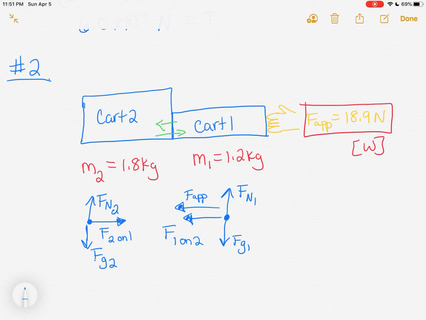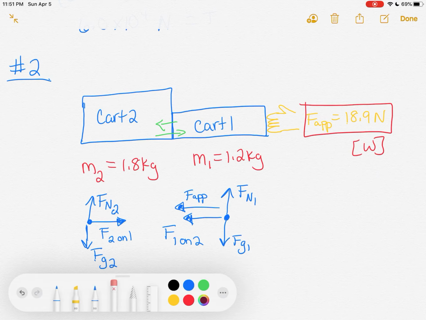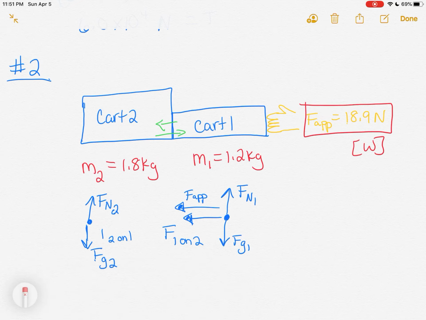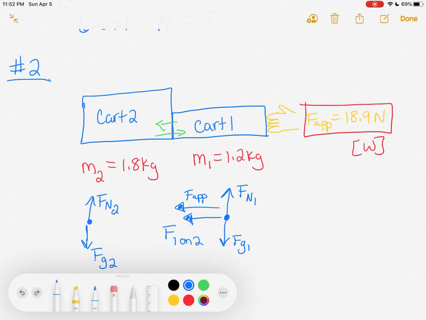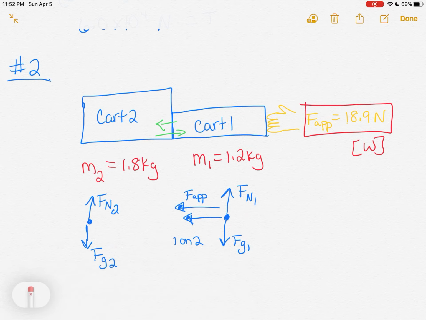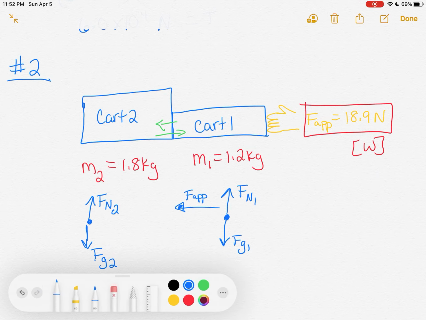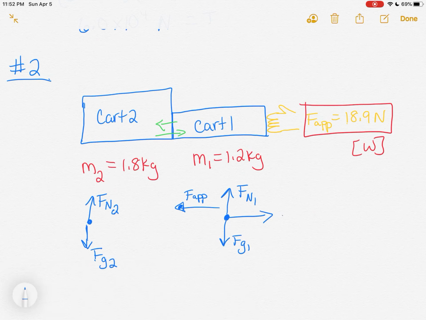Oh, nope, we got them backwards. I'm sorry about that. I've actually got to flip these around. I just drew them backwards here. There we go. This one is the force of 2 on 1. This one is the force of 1 on 2.